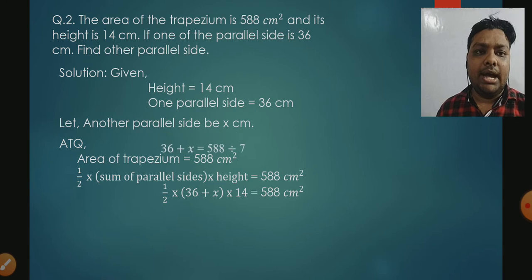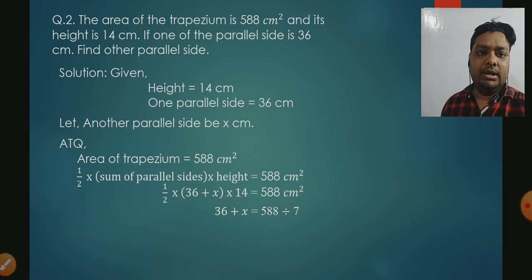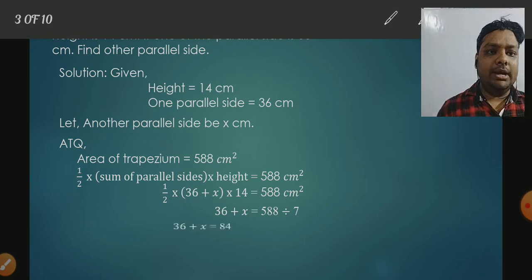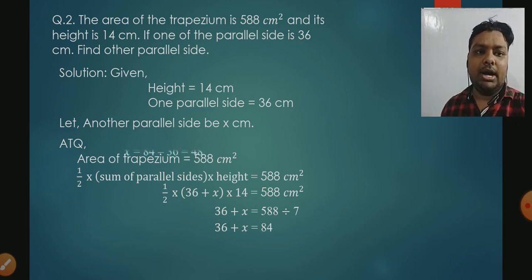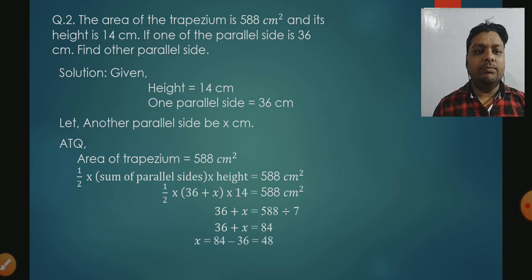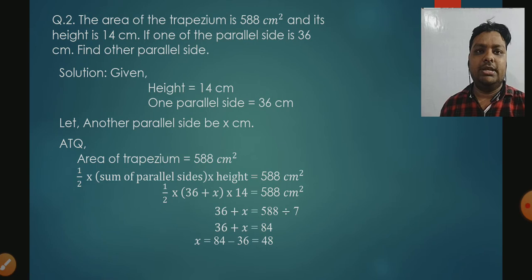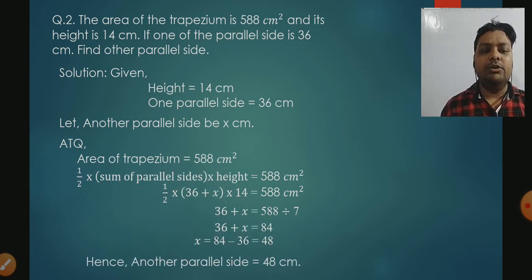And that 7, if you take it to RHS, then it will divide 588. If you divide 588 by 7, then you will get 84. Then you will take 36 to RHS, so it will be 84 minus 36 is equal to 48. Hence we can say that the other parallel side is 48 centimeter.